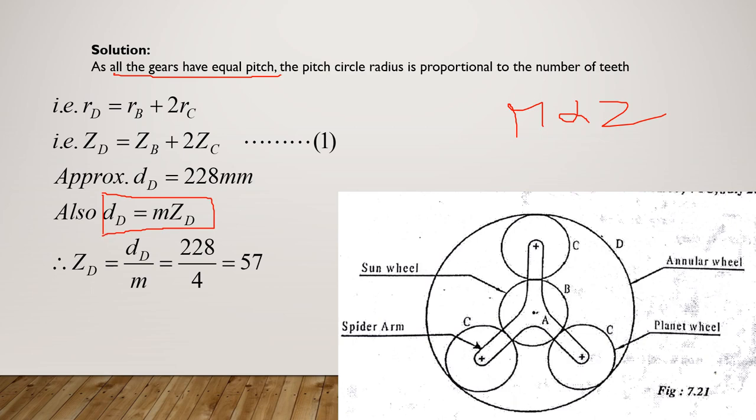So D is equal to M into ZD. Substitute the known values. As of now, whatever the approximate value is given in the question, we will substitute that. So ZD is equal to DD by M. Module is given, the approximate diameter is given, 228 by 4. The answer will be 48 teeth.